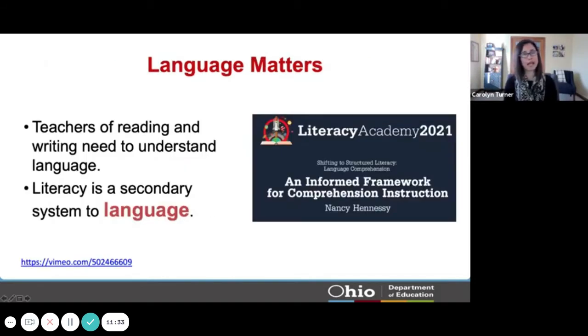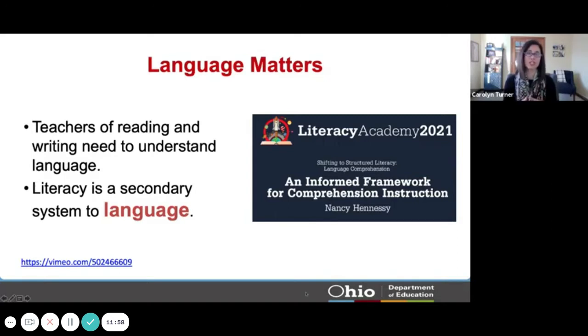And so to really piggyback on this, we are very fortunate this year to have Nancy Hennessy speak to our state about language comprehension and really building a network of comprehension instruction. Because as you're going to find, comprehension is not just one thing. There are many, many strands that lead into comprehension.